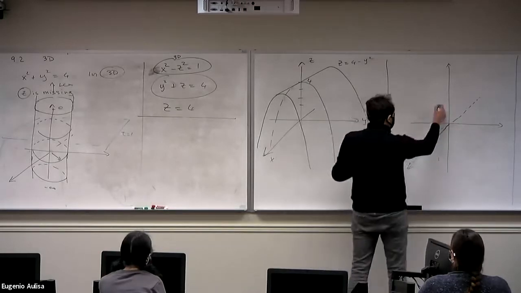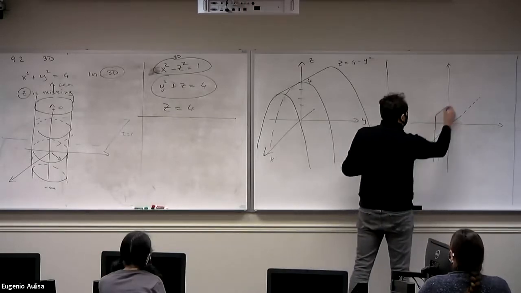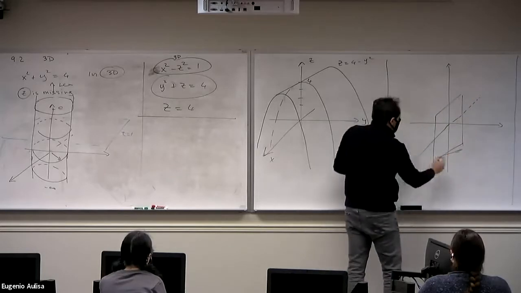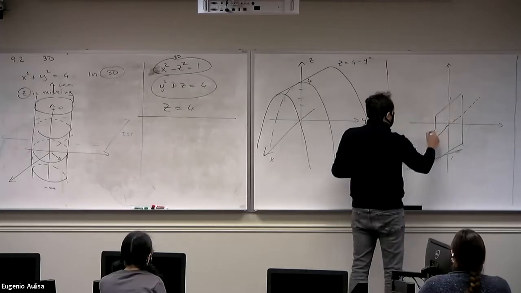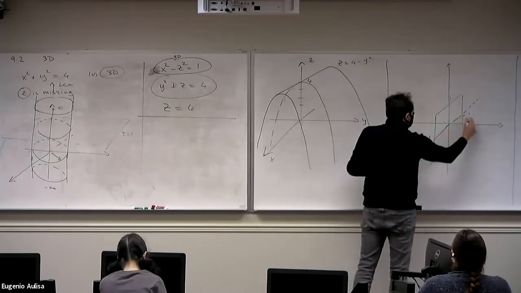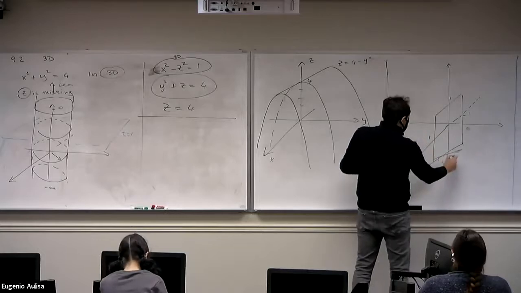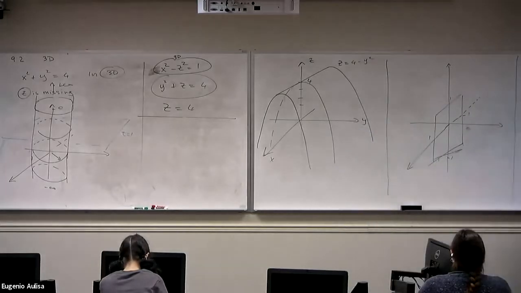So if you sketch the asymptotes, these are all the intersections: 1, 1, negative 1. And you sketch your asymptotes.